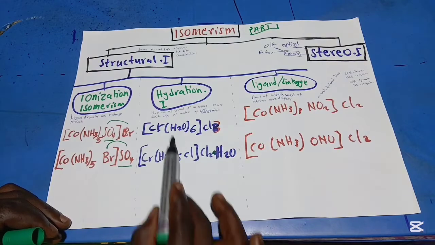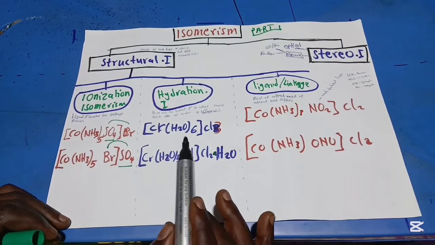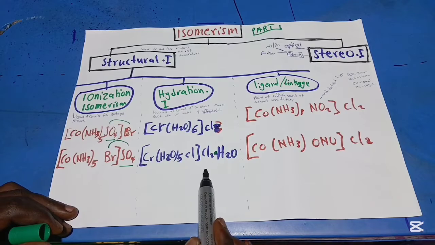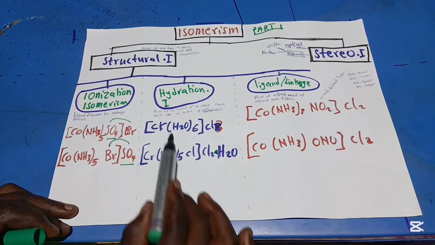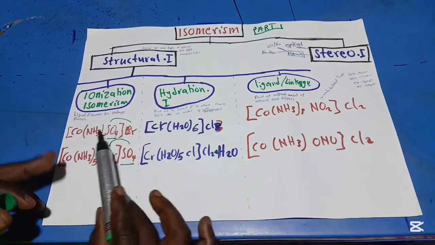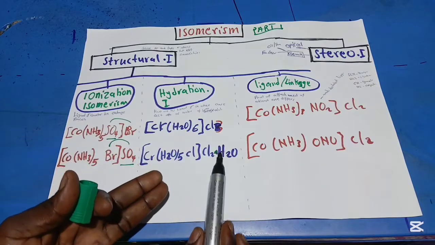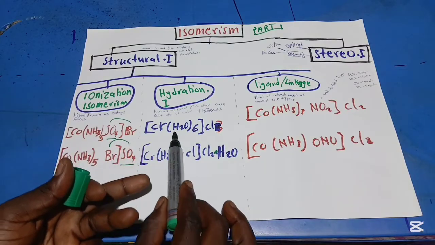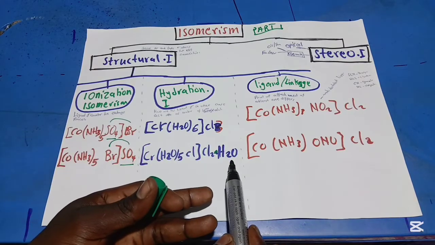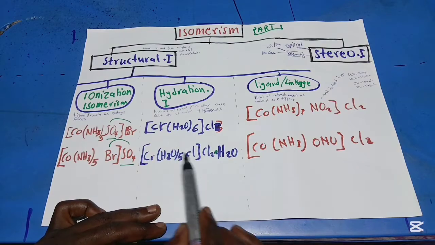If you see any pair of complexes behaving this way, then the type of isomerism displayed is hydration isomerism. Hydration isomerism and ionization isomerism are the same, but it is called hydration when we are talking about water. If we see water acting as a ligand and at the same time acting as a water of crystallization, then we call it hydration isomerism.